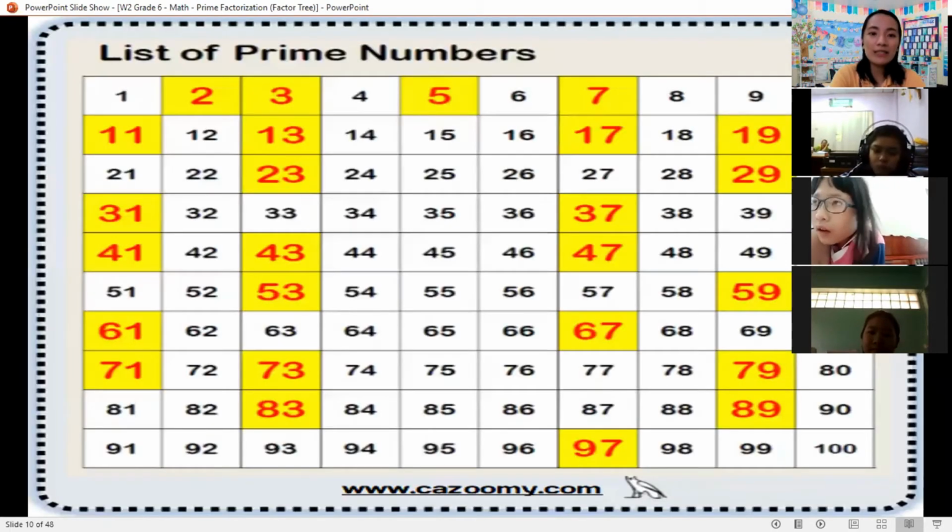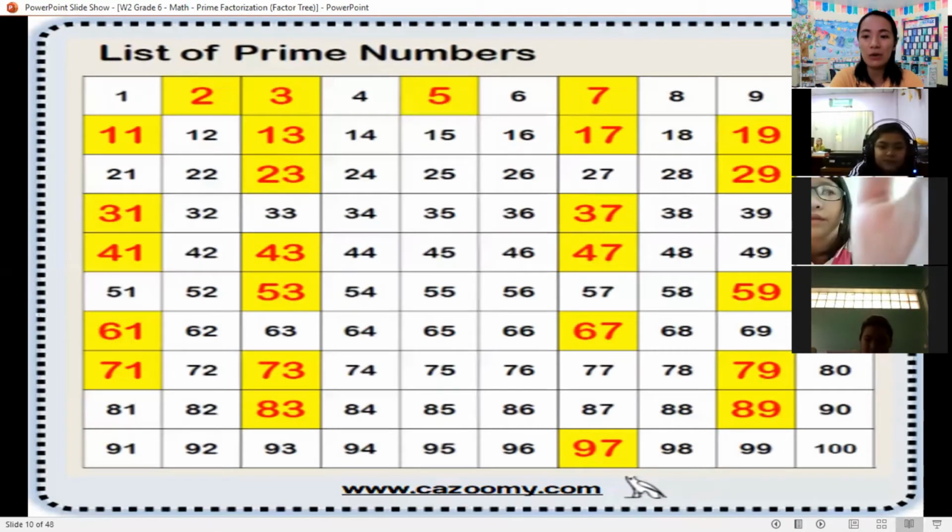We have the list of prime numbers from number 1 until 100. So we have 2, 3, 5, 7, 11, 13, and so on. Can you see the numbers with a yellow background? You can take a picture or take a note. It's up to you. So these are the list of prime numbers from number 1 until 100.